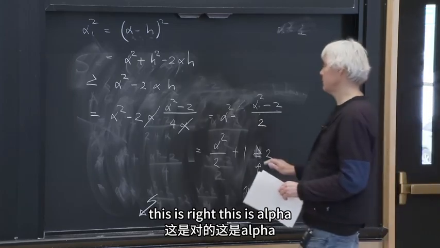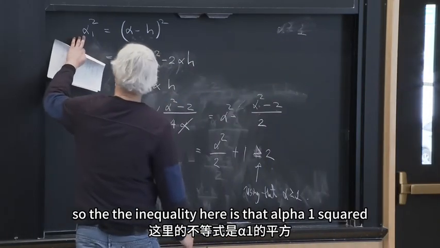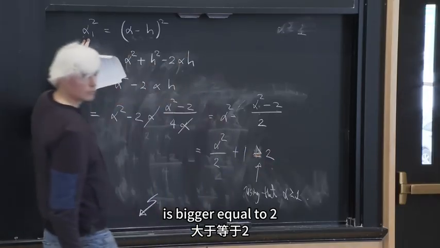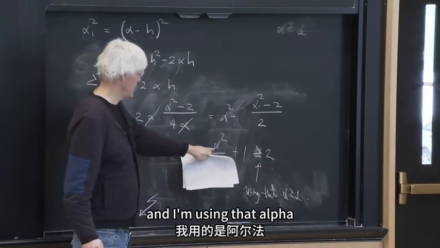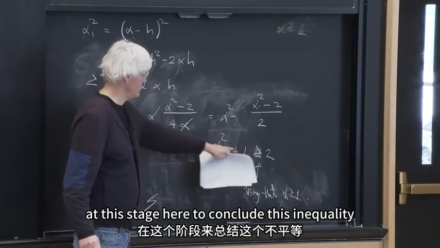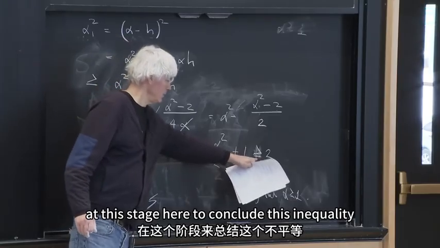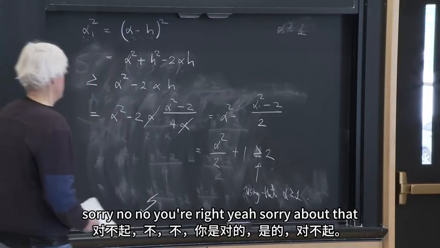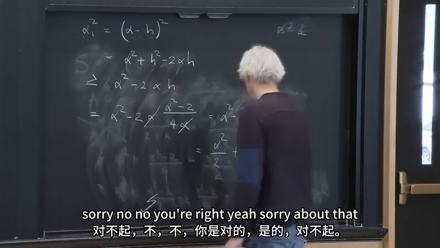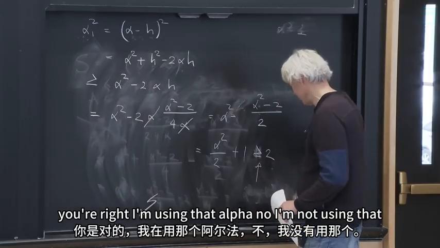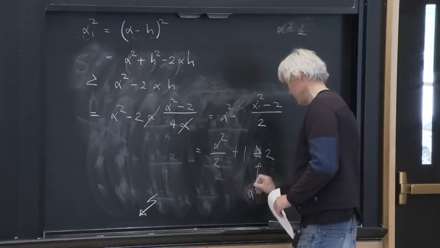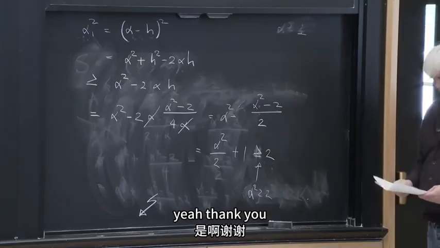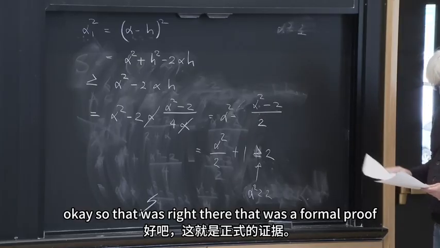So the inequality here is that alpha 1 squared is bigger or equal to 2. And I'm using that alpha at this stage to conclude this inequality. Sorry, no, you're right. I'm not using that. I'm using that alpha squared is bigger or equal to 2. Yeah, sorry. That was what you meant. Yeah, thank you.